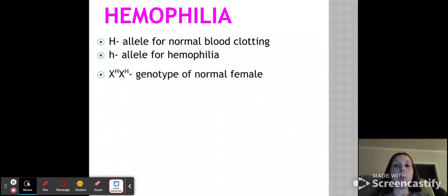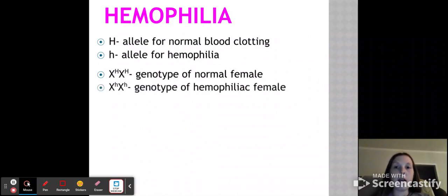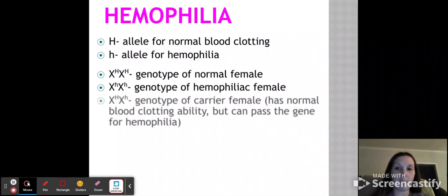Okay. So a normal female would have two X's where they have capital H's, and this is how we write them for sex-linked traits. You put the sex chromosome, the X or Y, and then you have to put the letter up as like an exponent. The genotype for a hemophiliac female, which is far less likely, still possible, but less likely, are the X's with two lowercase h's.